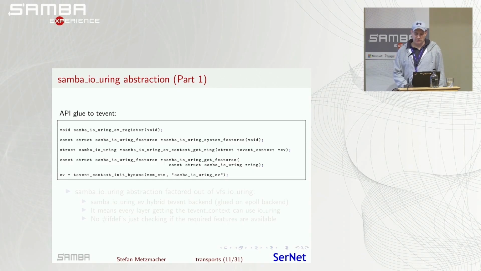So we pass the tevent context through almost all layers in Samba, and now when we have the global event context in smbd, we attach the io_uring context to that, and we have a function that tries to get the io_uring context from the event context, and if it's there, it's possible to make use of it, and that makes it very easy to do that in isolated places without the need to pass down the structure explicitly.